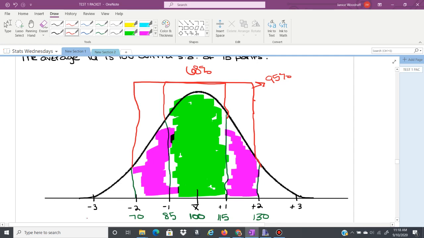Then you go another 15. If I subtract 15 from 70, I get 55. If I add 15 to 130, I get 145. That encompasses almost all of my data.